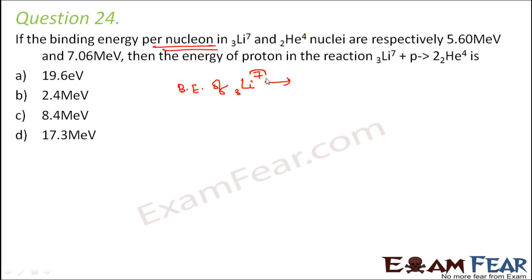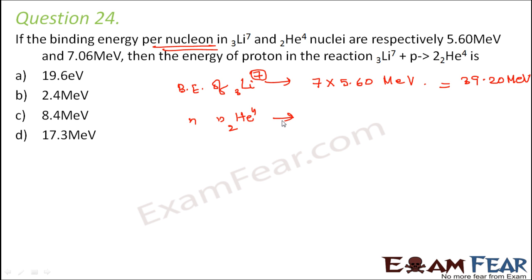In lithium, we have 7 nucleons, right? 7 total number of protons plus neutrons. So the binding energy of lithium would be 7 into 5.60 mega electron volt, which is equal to 39.20 mega electron volt.